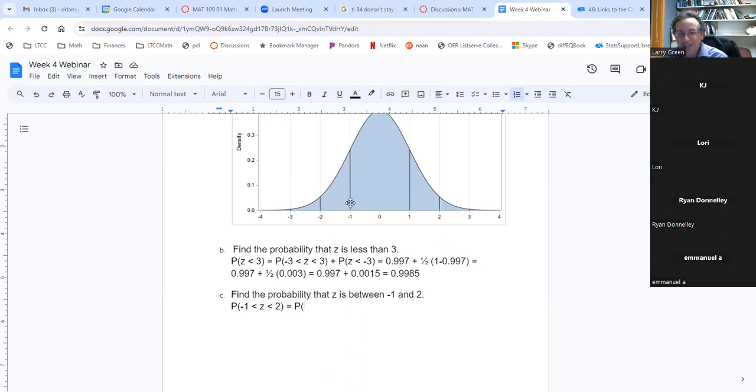I don't see you all jumping in. Okay, I can say, well, -1 to 2, I can go -1 to 1, and then add 1 to 2. Do you see how those two pieces together give you -1 to 2? That's the probability that -1 is less than z is less than 1. In other words, you want to break it up into at least one of the pieces that we can easily get, plus the probability that 1 is less than z is less than 2.